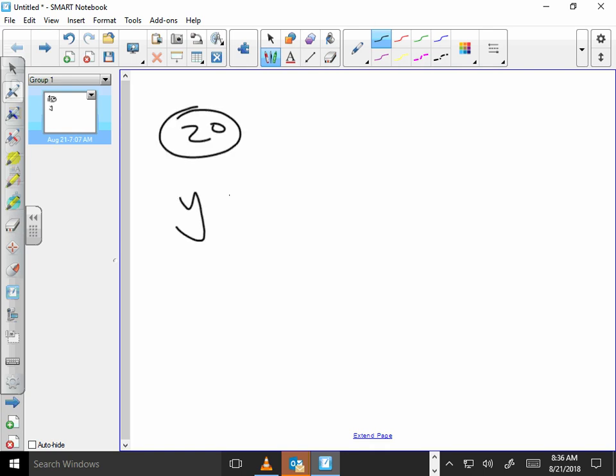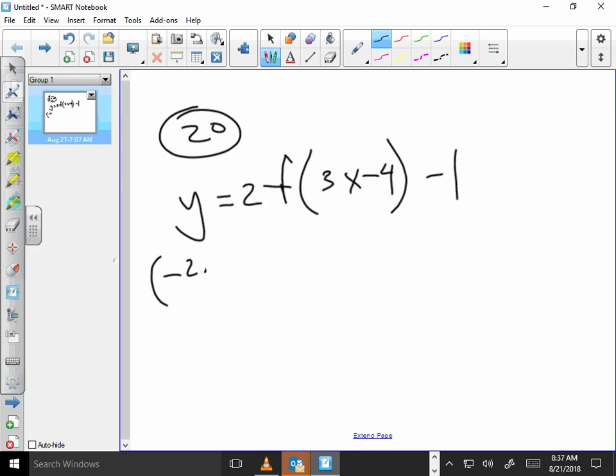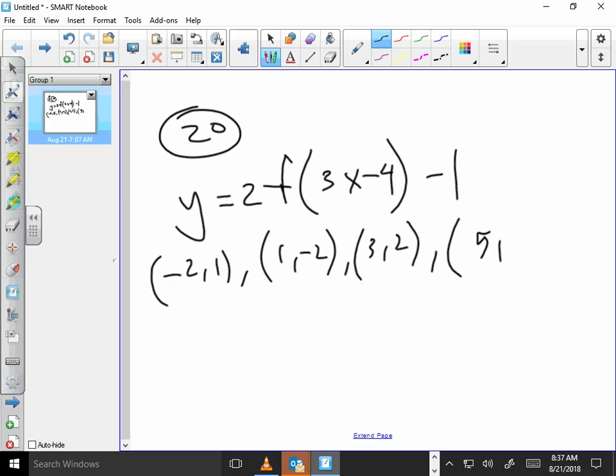20 says y equals 2 f of 3x minus 4 minus 1. We're given an f of x graph with reference points negative 2, 1, 1, negative 2, 3, 2, and 5, 0.